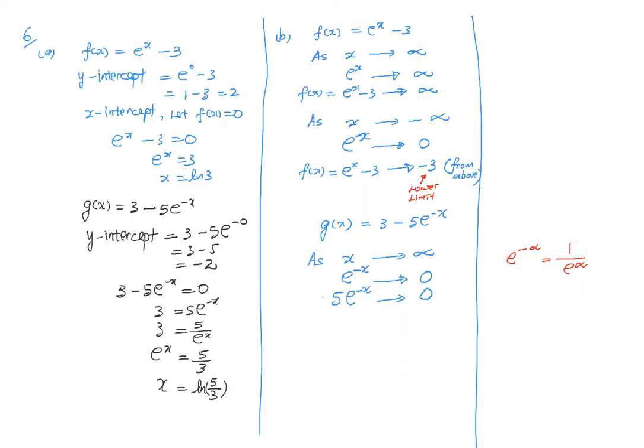So therefore, what happened to g(x), which is 3 minus 5e to the power negative x, will approach 3. So is this 3 the upper limit or the lower limit? Look at here, this is a minus. So this is the upper limit.